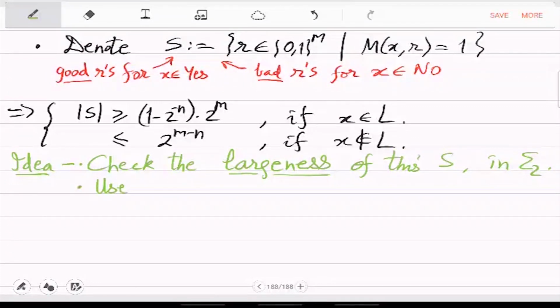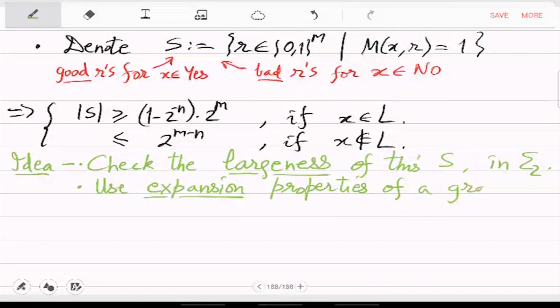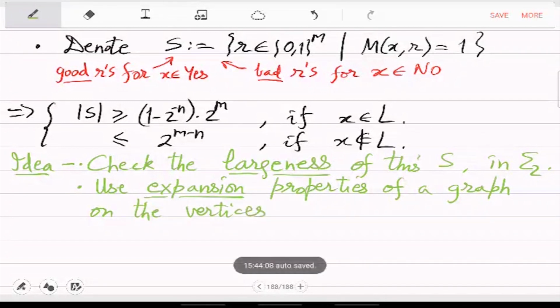So use expansion properties of a graph on the vertices 0 1 to the m.